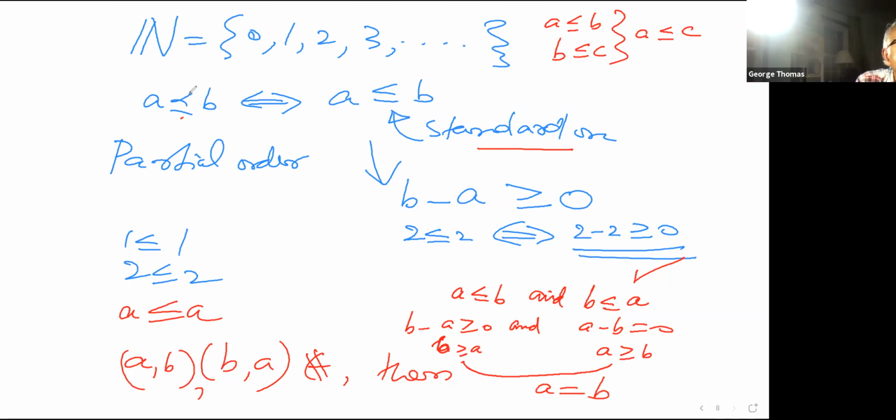You see, this is the partial order relation. This is the standard one. For natural numbers, if we use the standard order, then it is a partial order, but it is also a total order.